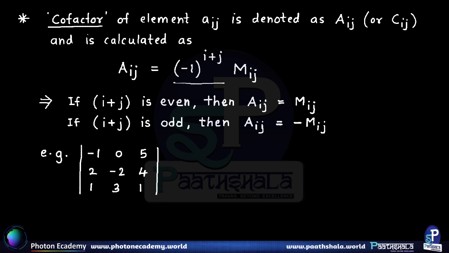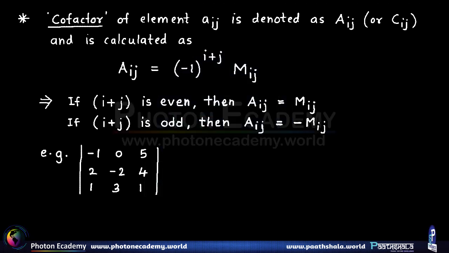If we look closely, i plus j is nothing but the row number plus the column number. Since it is raised as an index to -1, we can conclude that if i plus j is an even number, then -1 raised to an even number will be +1. In that case the cofactor will be the same as the minor.